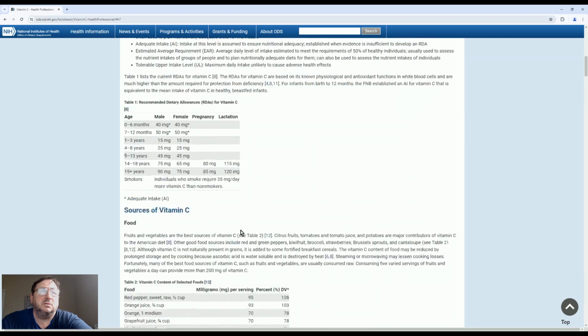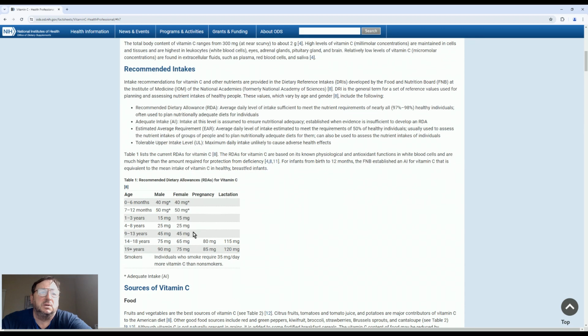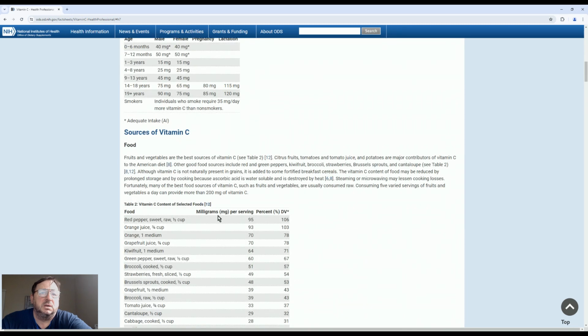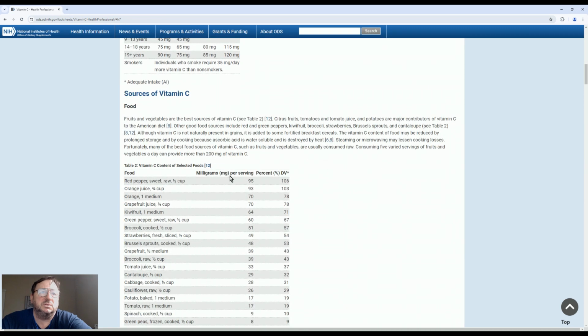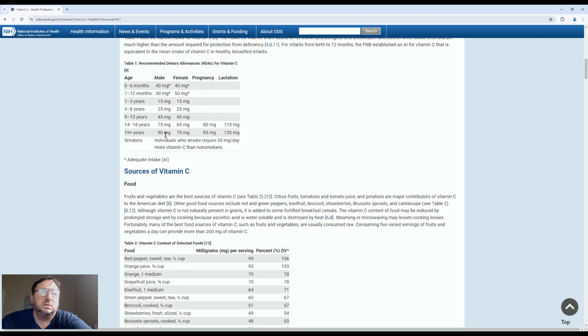So now, how much intake do you need? Recommended vitamin C. You need to look at that recommended. Okay, now 19 and plus, male, 90 milligrams. This is given in milligrams. For female it's less. For pregnancy it's actually more.